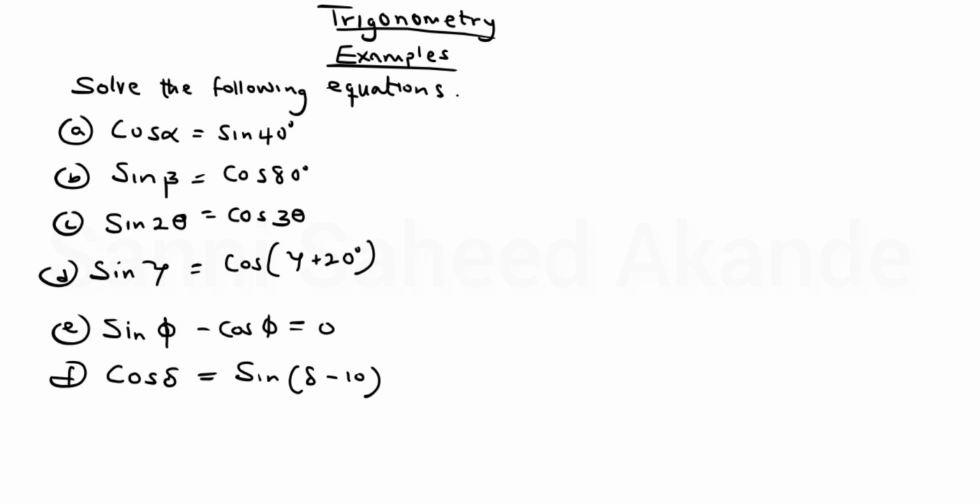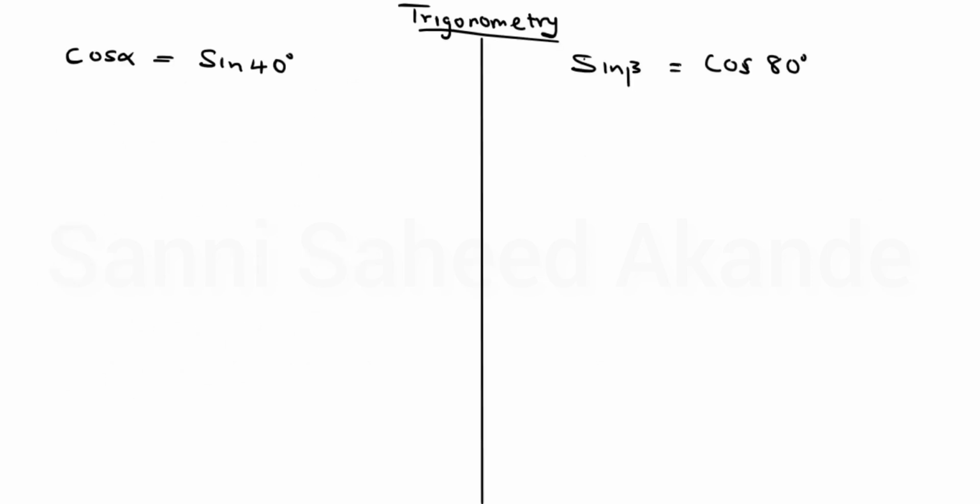Now let's begin. The first question we are solving says cos alpha equal to sine 40 degrees. Solution. If you want to use those formulas that we derived earlier to solve this question, since it starts with cos alpha, out of those two formulas we are going to make use of the one that started with cos theta.